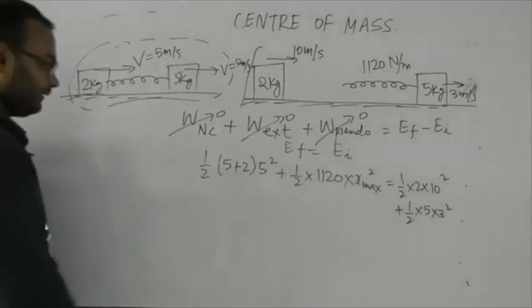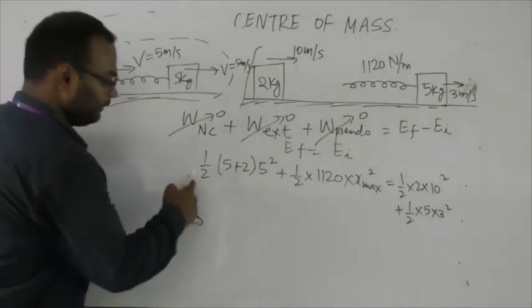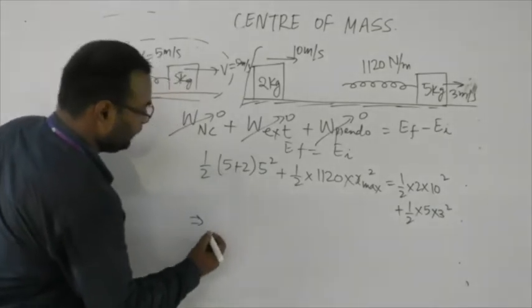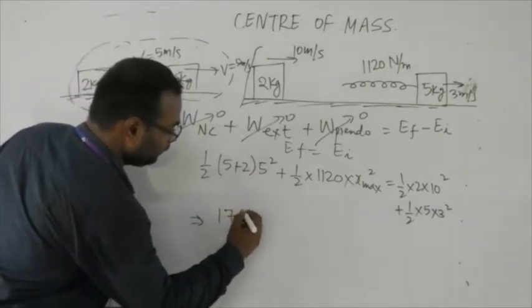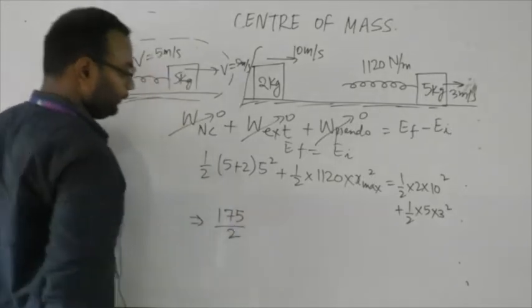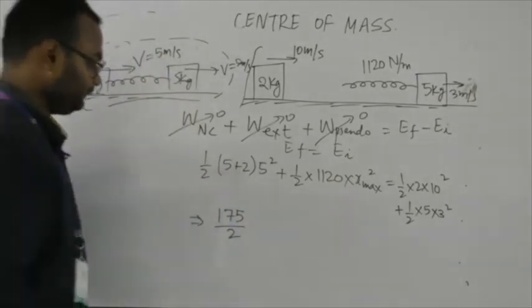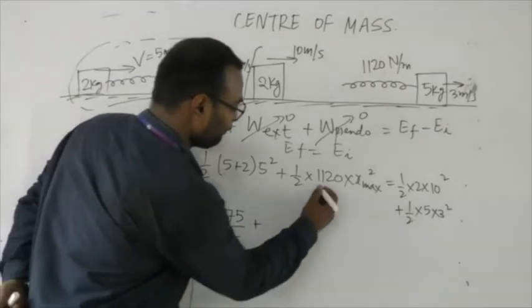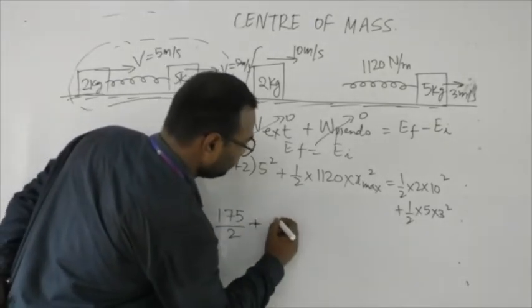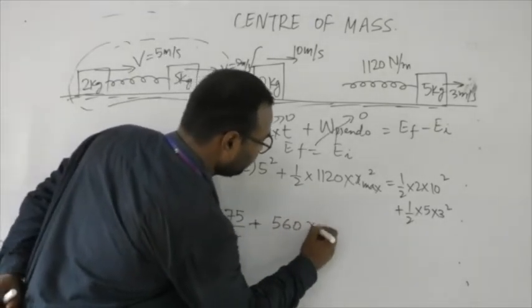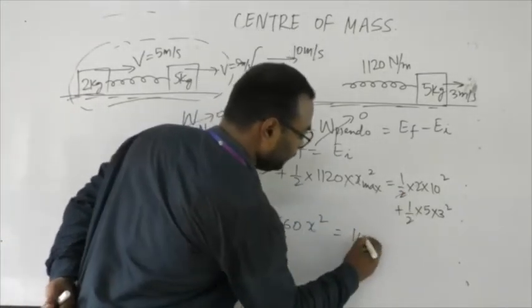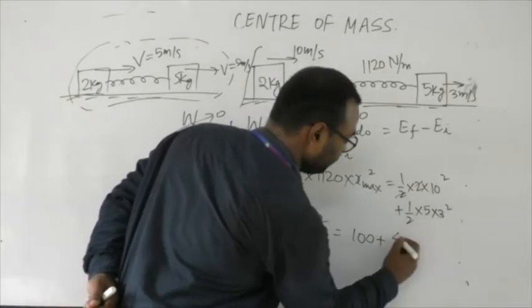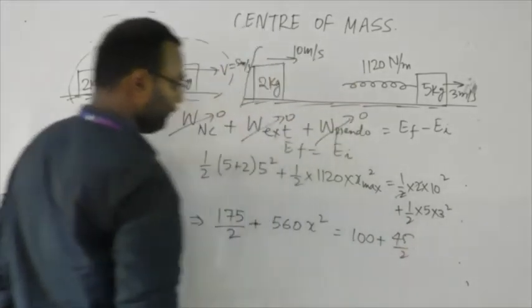So when you solve this, it will be 175 upon 2, 25 and 7, plus 560 x square equals 100 plus 45 by 2.